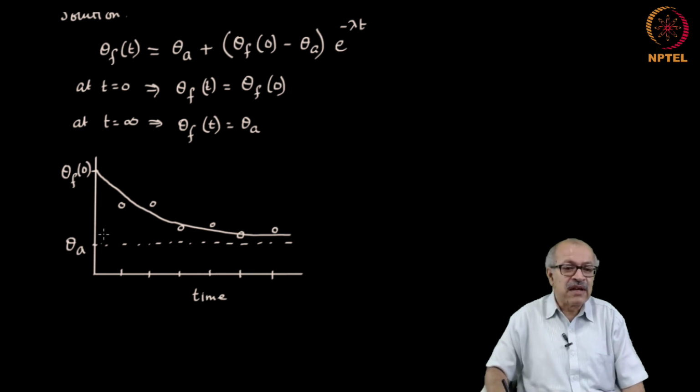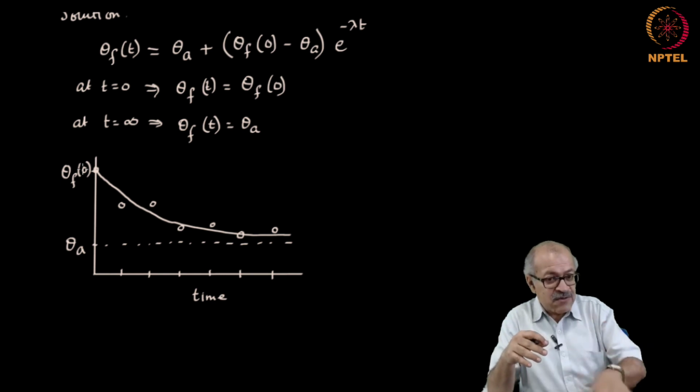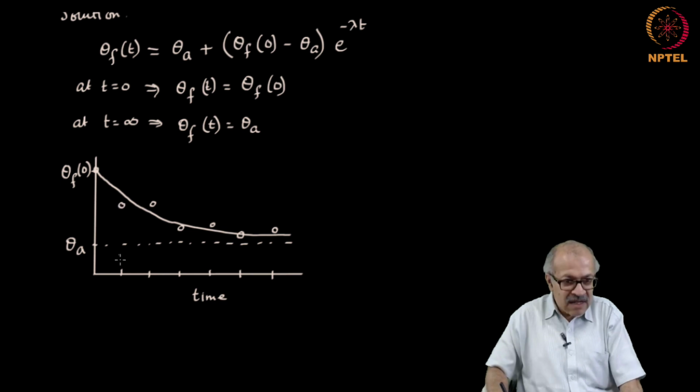I can also take a reading at the initial point. So, it may be somewhere here. So, is it satisfying our prediction? You see that no, these are actually different from the actual prediction. The question is then, are the differences due to random errors?